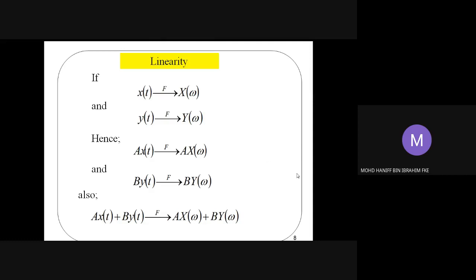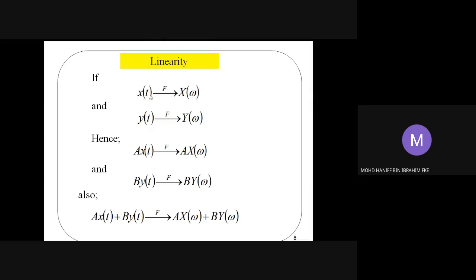We are given these signals, in which we have x(t). It is common to show that if x(t) is transformed to its Fourier transform, it is represented by an arrow with an F on top of it. This means that x(t) is transformed into its respective Fourier transform signal, or frequency domain signal.